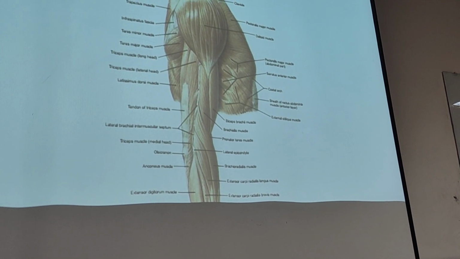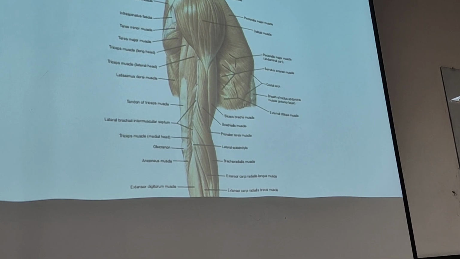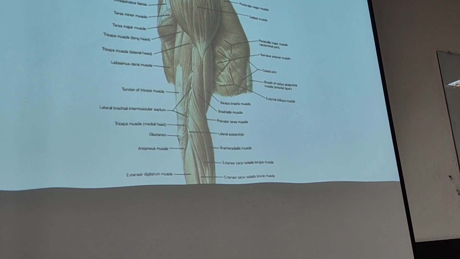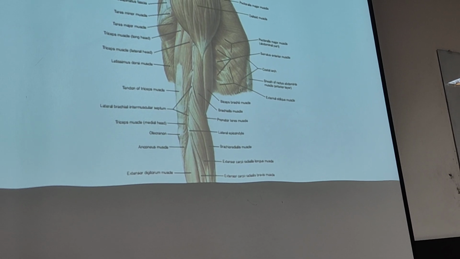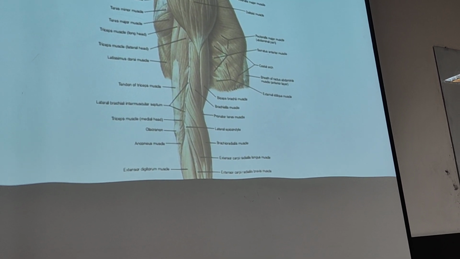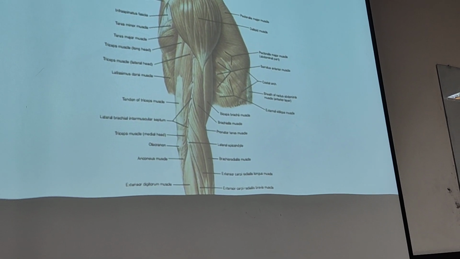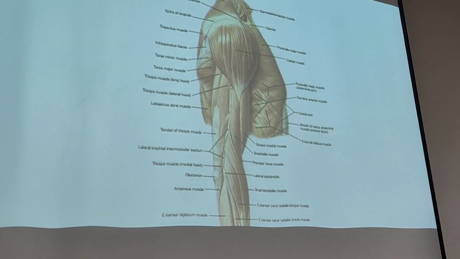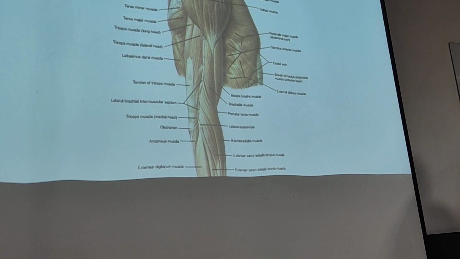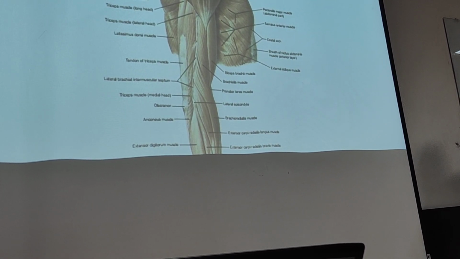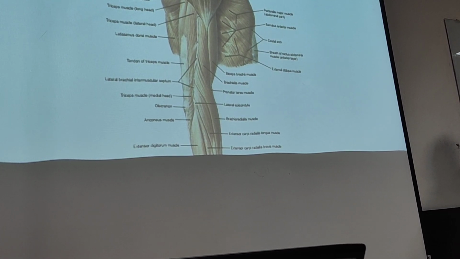This muscle is innervated by the axillary nerve. The function of this muscle: the clavicular part does flexion, the spine part extension, and the acromion part abduction.